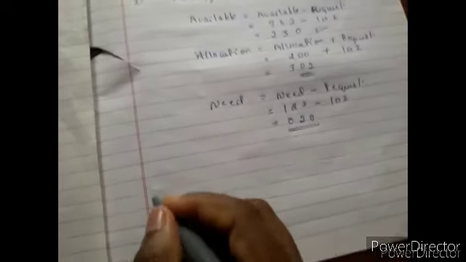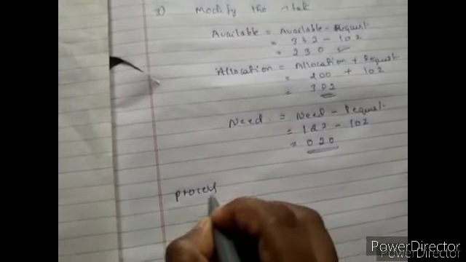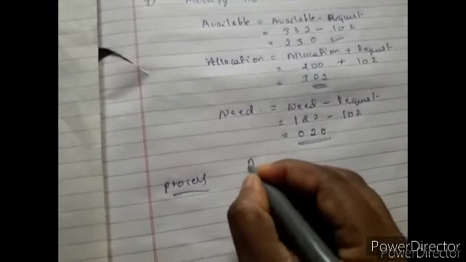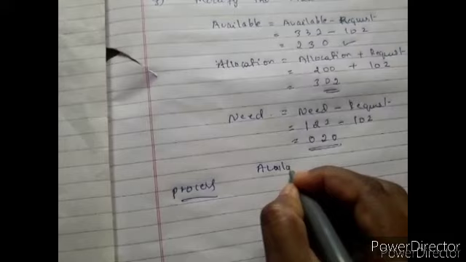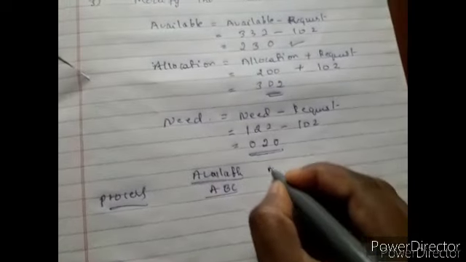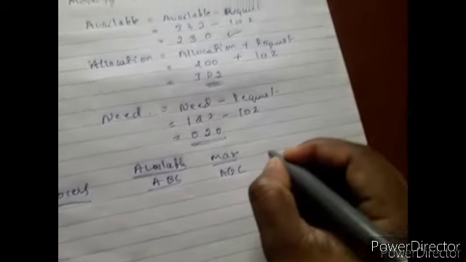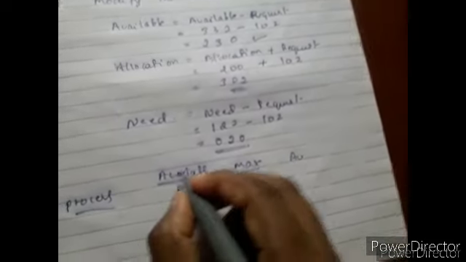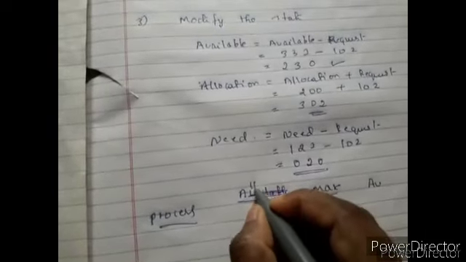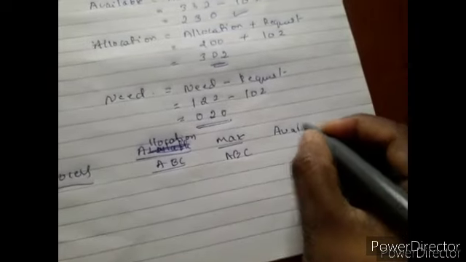So now we'll update the state. So I'll write process. Then we need to write available. So in that 3 resource types A, B, C. Okay, next one I'll write max A, B, C. Then, sorry, this is allocation. This is available.